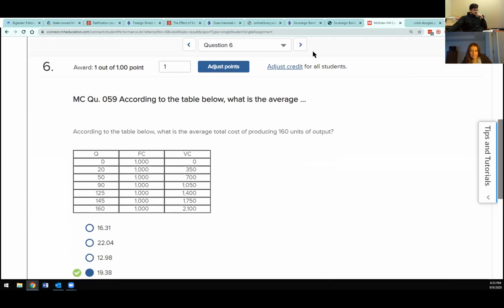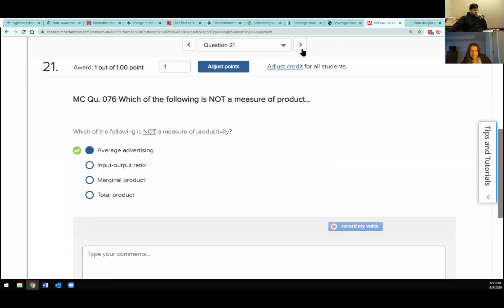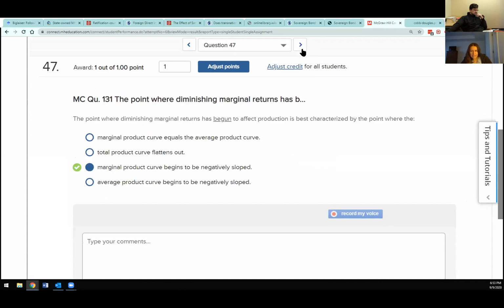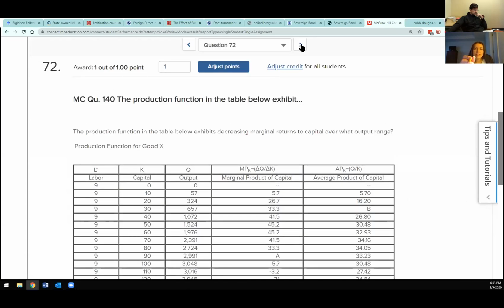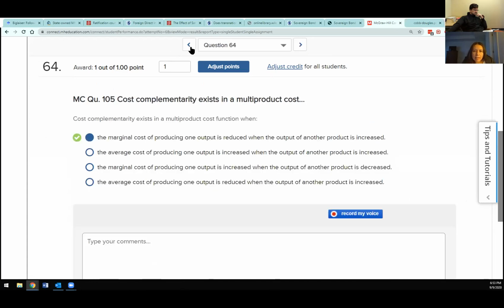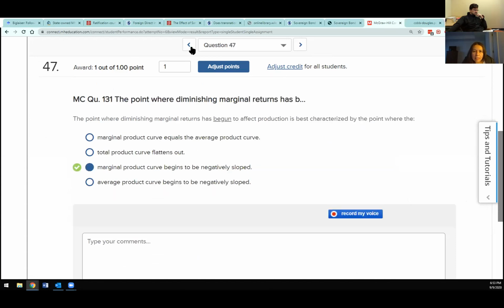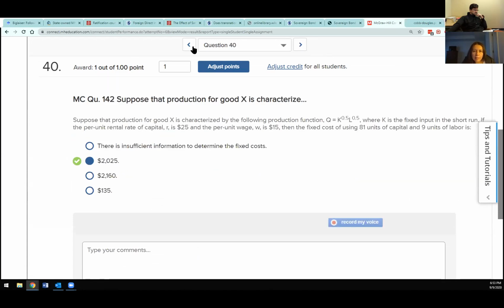Total cost. So I think you might have skipped it. Go back a couple. No, it was a little bit right there.